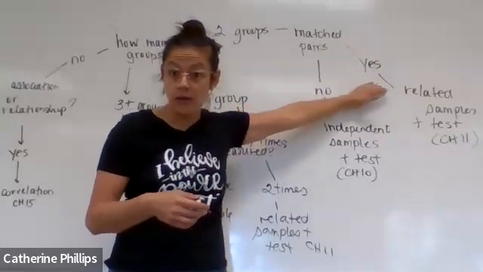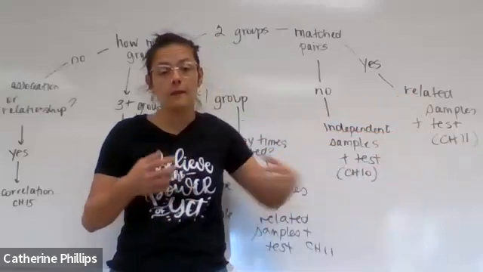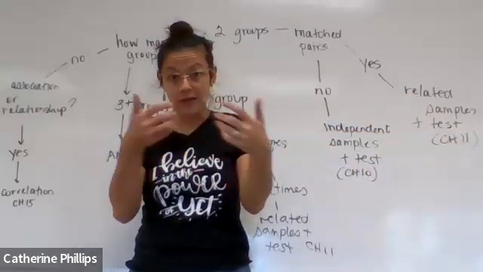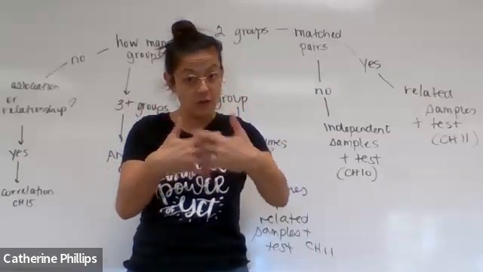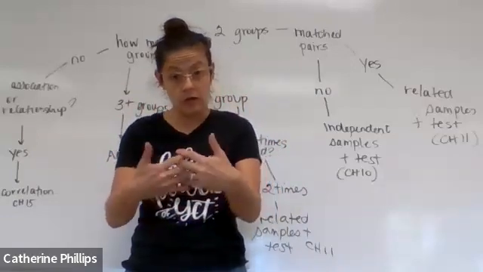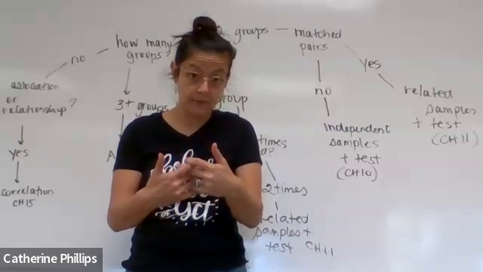Here, where we have matched pairs, which is a more rare type of design, they're linked because they are in pairs matched on whatever variable or variables the researcher has deemed important or relevant, okay?